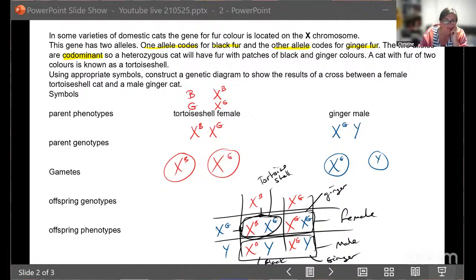Right, so we're looking for AS paper. Let's just go with that. Right, where are you? 2021. Oh, and it was paper 1, wasn't it? So it's the red paper. Right, 2021, question 23.